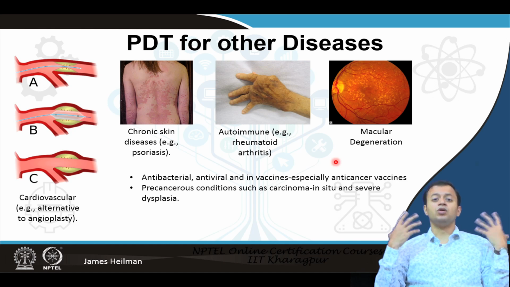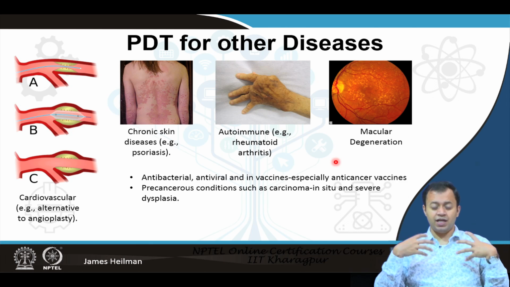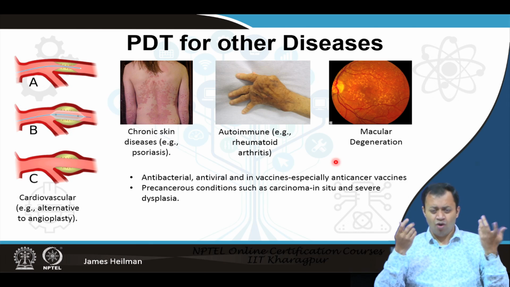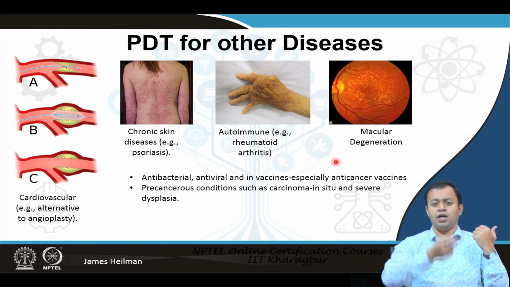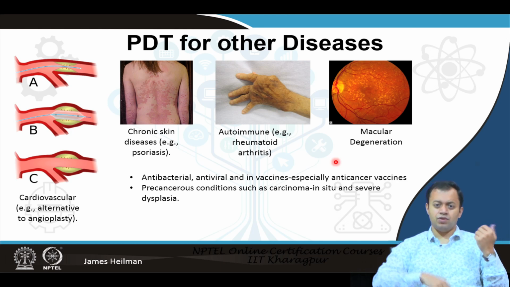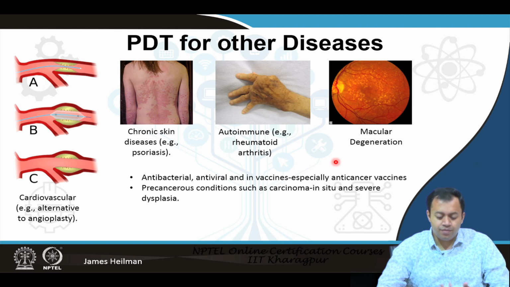You stand in front of a lamp which shines light and the light penetrates, or we put some kind of a catheter, some kind of a tube, inside your lung. By shining that light, the drug molecules which are attached to the virus generate oxygen species which oxidize the viruses.